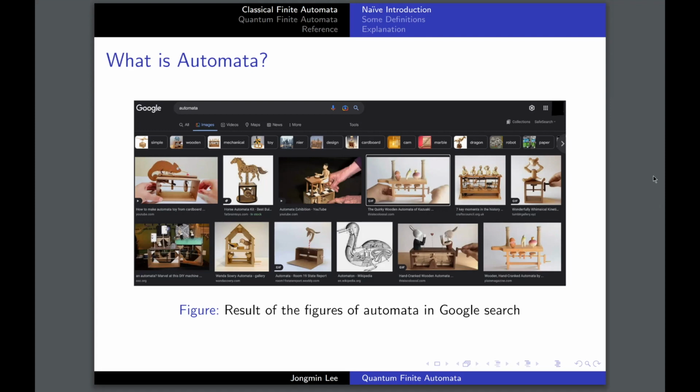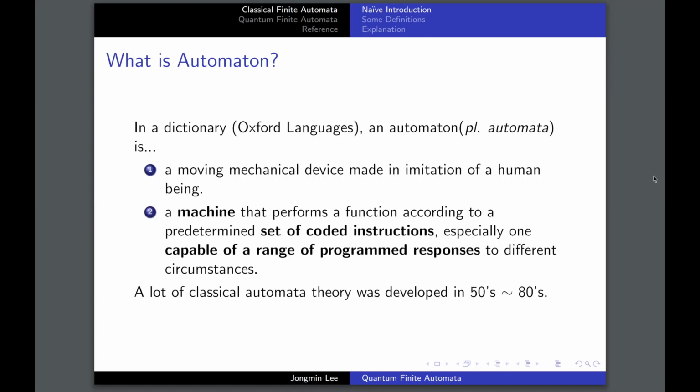But in computer science and mathematics, in the dictionary there are two definitions, and the first one is in the figure before, and our automata is defined as the second definition: a machine that performs a function according to a predetermined set of coded instructions and capable of a range of programmed responses to different circumstances.